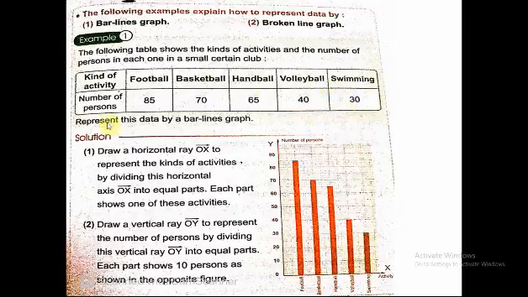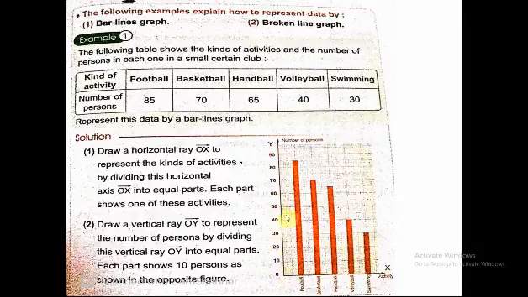So we want to represent this data by a bar line graph. We have two things when we want to make the graph. The x-axis, this line, consists of the activity.